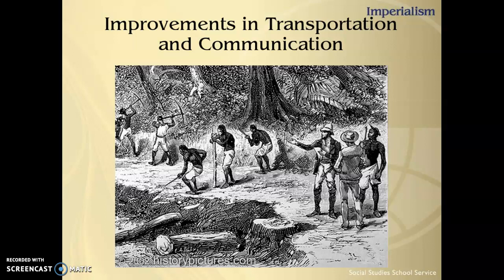They're also going to build the telegraph line. They're going to lay lines. These improvements in infrastructure not only helped the Europeans better exploit Africa's natural resources, but it also allowed them greater political control over the African people and their countries.